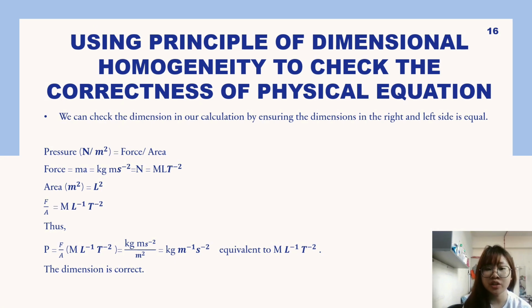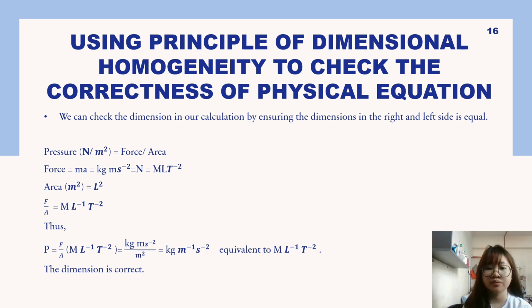The unit will be written as kg m s to the power of negative 2. Its dimension is capital M, capital L, capital T to the power of negative 2. Area is m squared, in which the dimension is L squared. So force per unit area in dimension form will be M L to the power of negative 1, T to the power of negative 2.